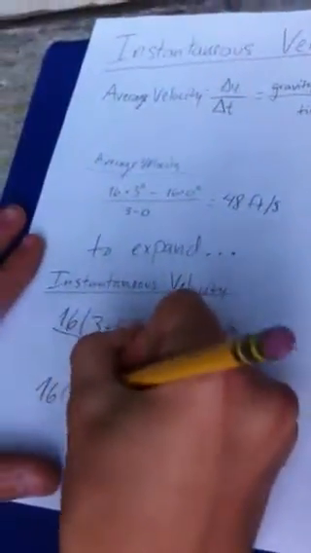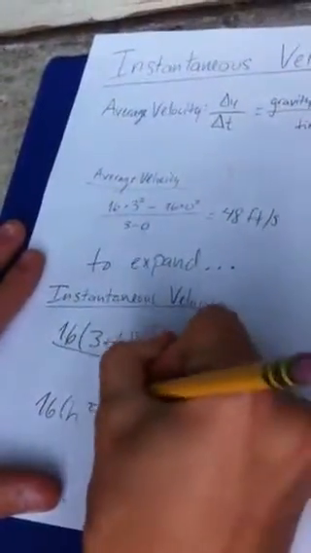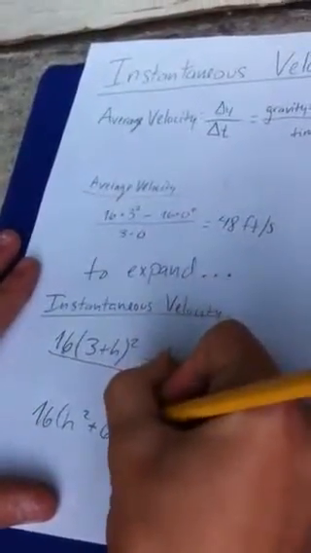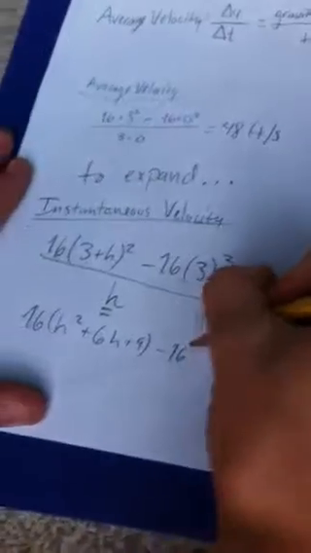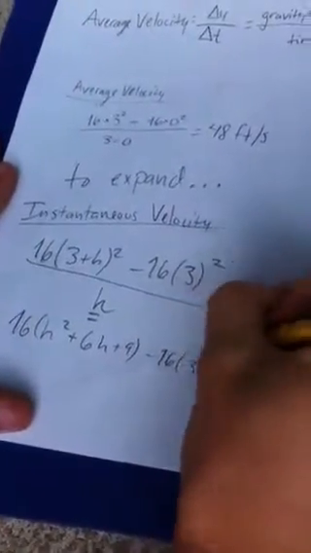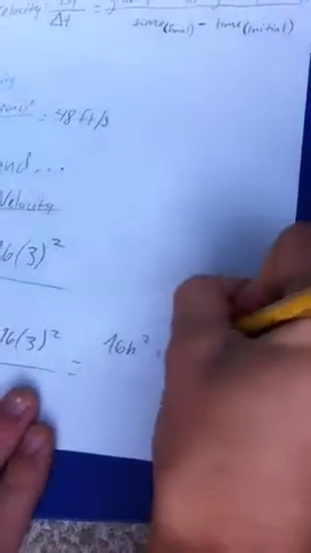To expand on this, it's going to go like this. And this is going to turn out to 16h squared plus 96h plus 144 minus 144 all over h still.